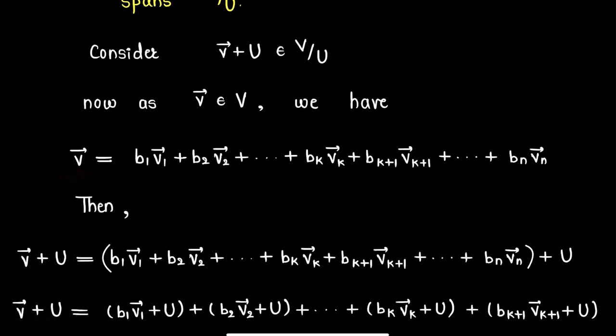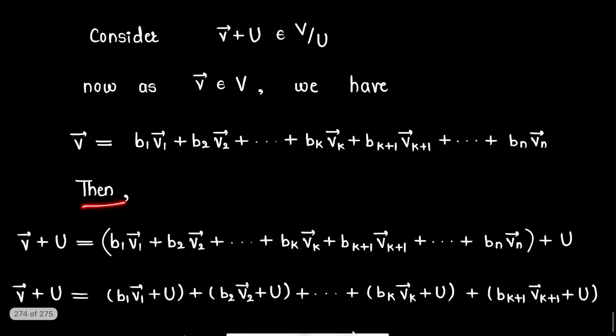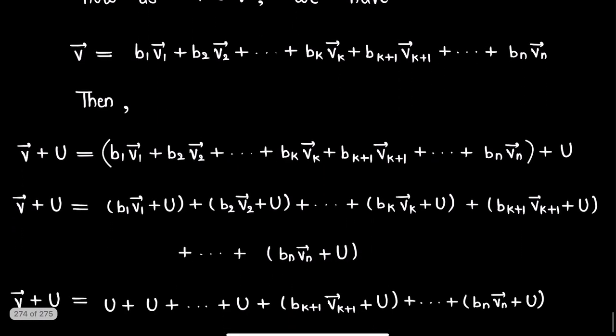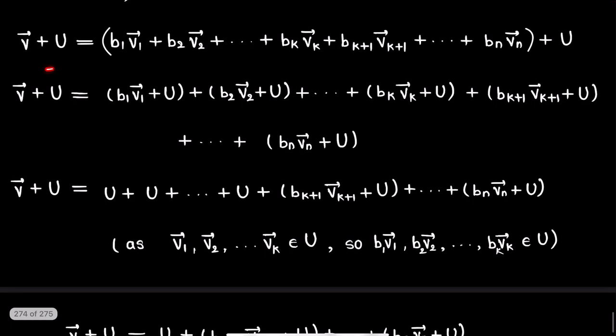Then we can write this V + U as this, where we have replaced V using this expression. Now we can simplify these. V + U is equal to b1 v1 + U plus b2 v2 + U and so on plus bk vk + U plus bk+1 vk+1 + U and so on plus bn vn + U.